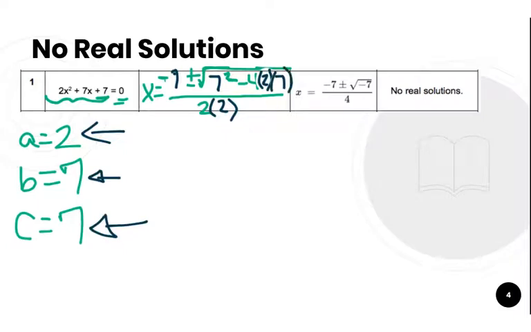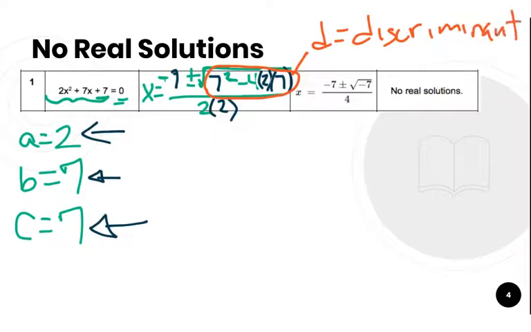Okay, in order to find out if it has solutions or no solutions, I'm really just focusing on what's inside the square root, which again is my discriminant.